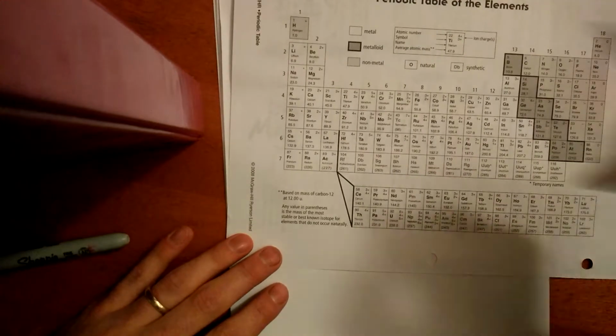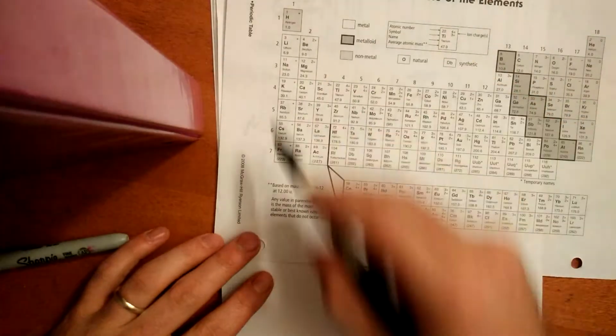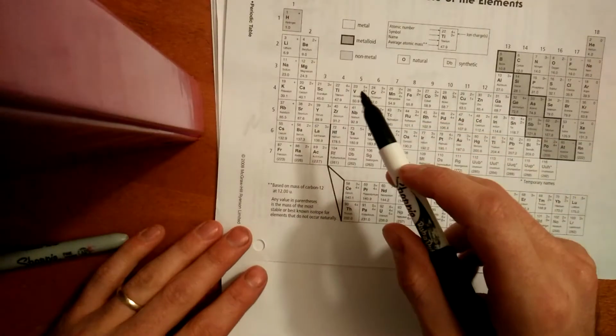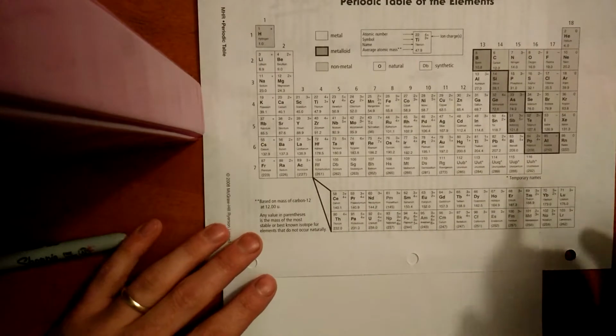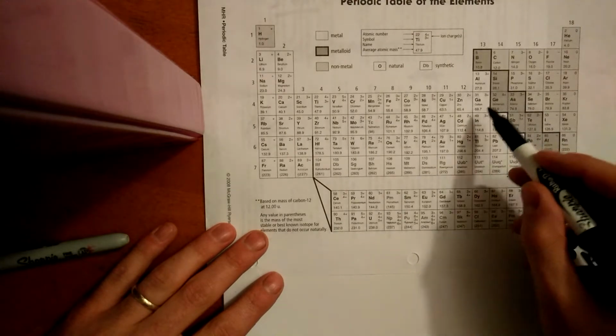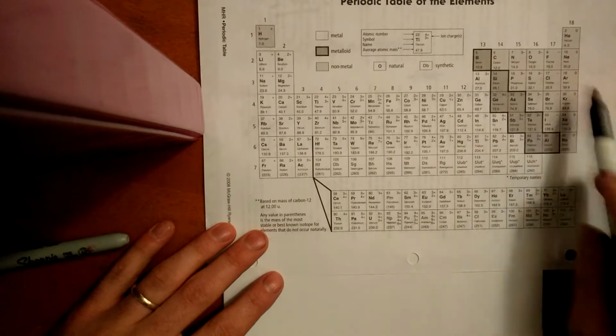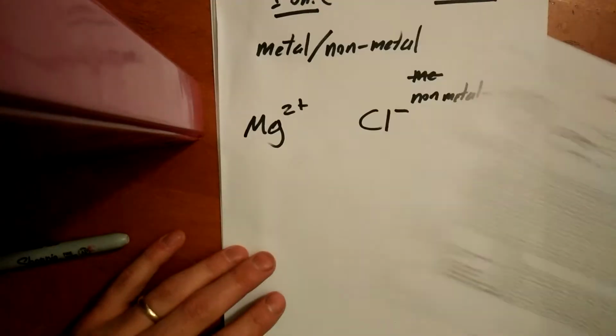I know magnesium is a metal because it comes at this part of the periodic table. Everything with a plus charge that's in this area of the periodic table is a metal. And I know chlorine is a non-metal because it has a negative charge and it's above this staircase. It's not actually a staircase, it just looks like one. And those are all non-metals over here.